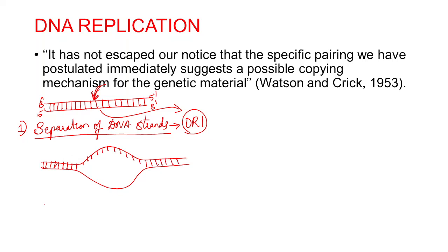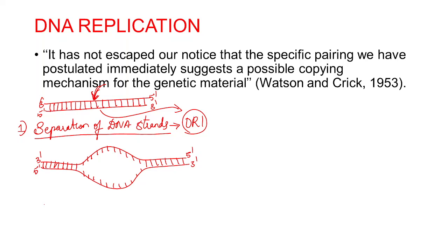So, this will lead to separation of both the strands here like this. The strands are separated. Then what will happen? I will just show you the polarity, 3 prime and 5 prime, here 5 prime and 3 prime, right.